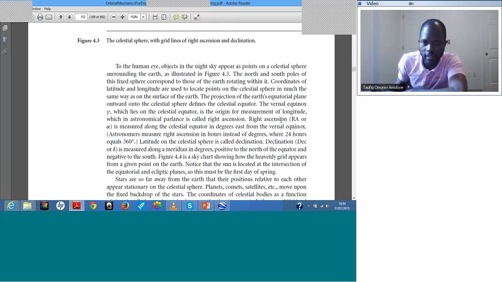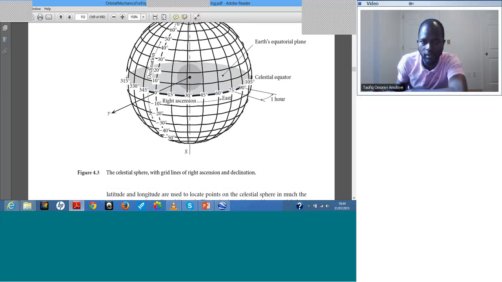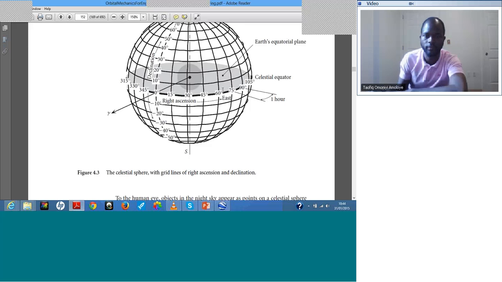So right ascension can be denoted either by capital RA or alpha, and it is measured in degrees east from the vernal equinox. So, degrees east of the vernal equinox.